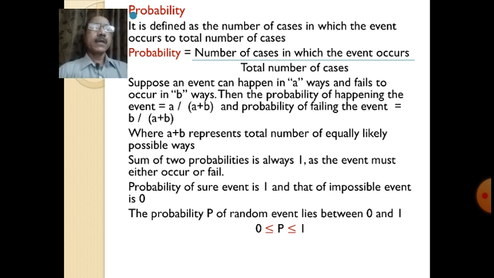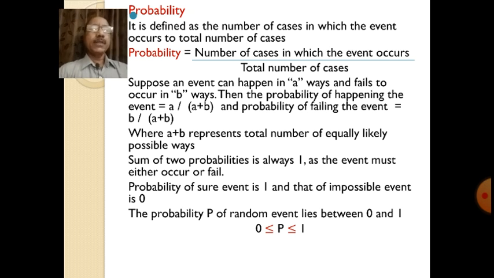Suppose an event can happen in A number of ways and fails to occur in B number of ways, then the probability of happening of the event is A divided by A plus B, and the probability of failing of the event or not happening of that event is B divided by A plus B, where A plus B represents the total number of equally likely possible ways.